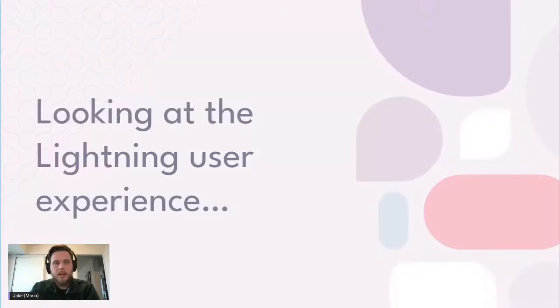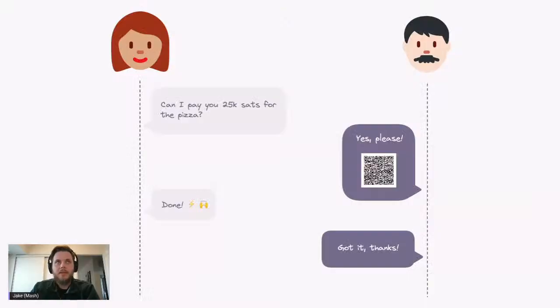So let's take a look at what the basic Lightning user experience is like. I have this set up as if it was a text between two people. You could imagine somebody bought pizza for somebody else and they want to pay them back. Maybe they'll text them and say, "Hey, can I pay you 25,000 sats for the pizza last night?"